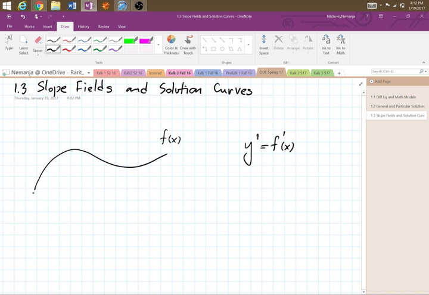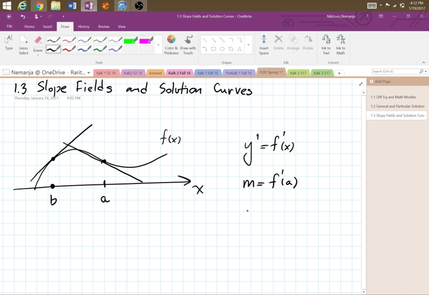Since this is on some x-axis, there's going to be a point A somewhere. And that point A will have a tangent line, and the slope of that tangent line will be f prime computed at A. You might also have a point B somewhere, which will have its own tangent line.